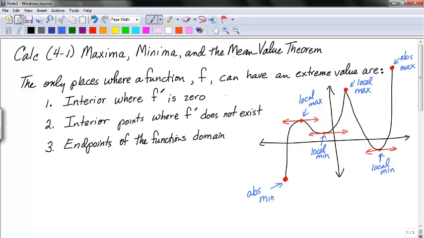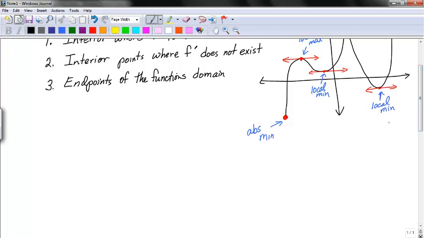Okay. Then the author also defines a critical point.